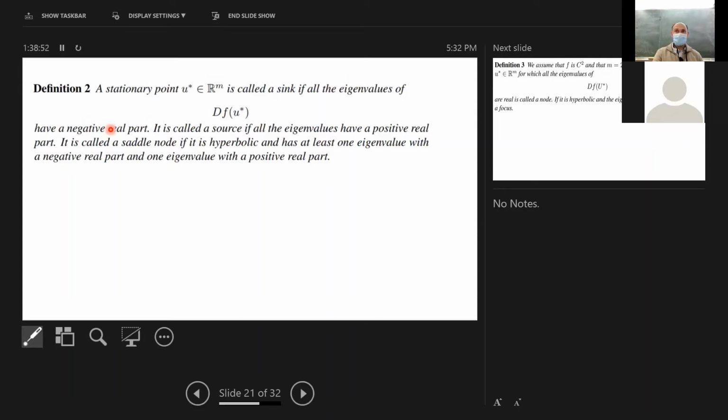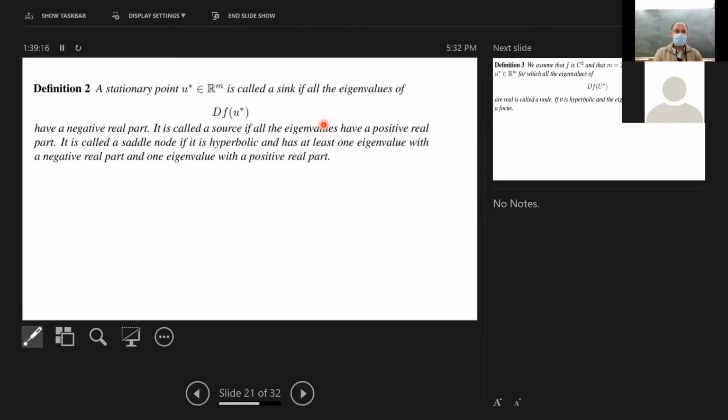It's called a source if all the eigenvalues are positive, which means that it repels. We can also say that the fixed point is repulsive.